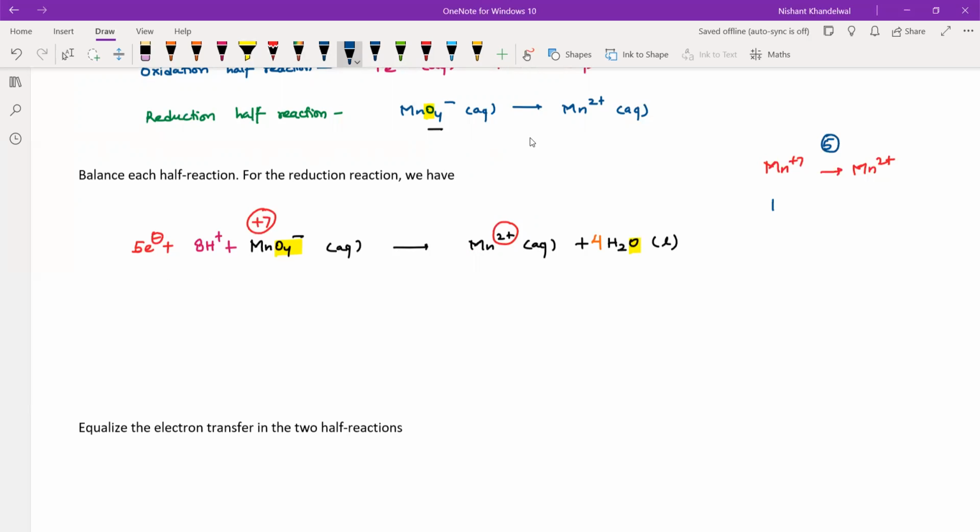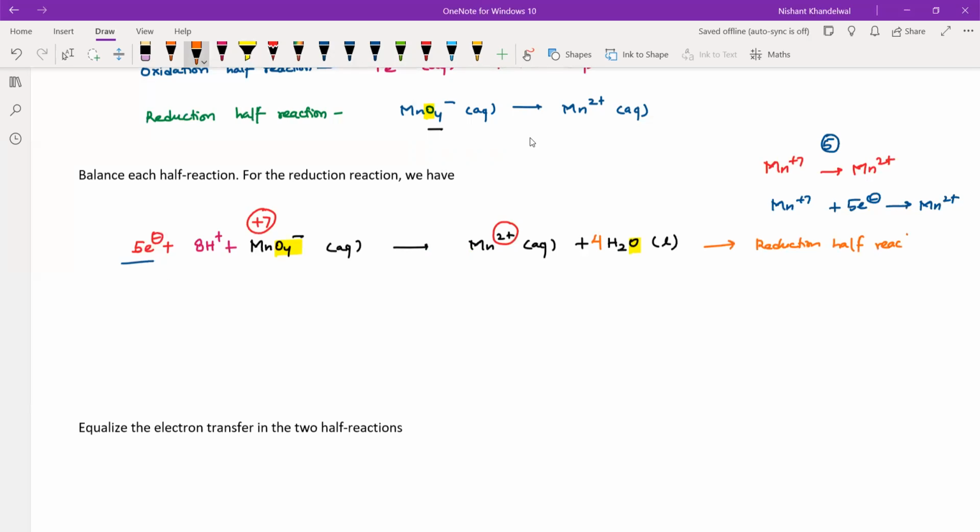It means I can write Mn plus 7 plus 5 electrons. It has taken 5 electrons to form Mn2 plus, so I have just added 5 electrons in a similar fashion. Now this is done with the reduction half reaction.